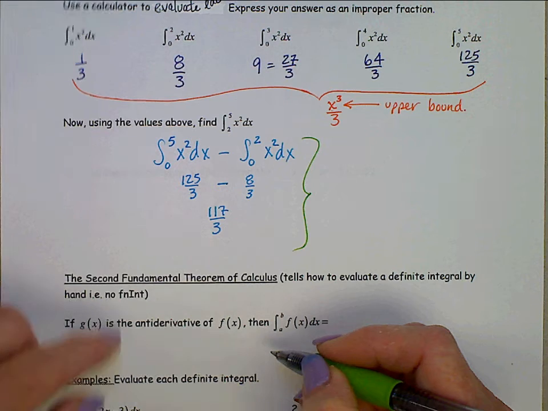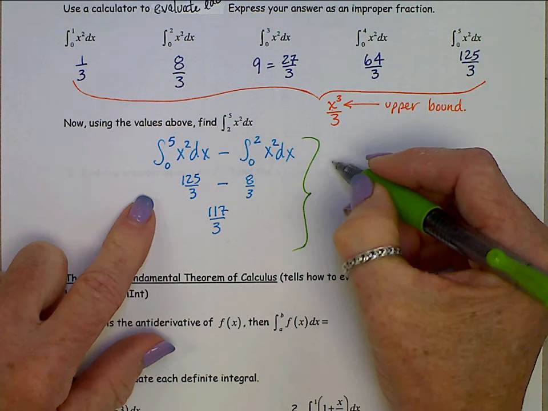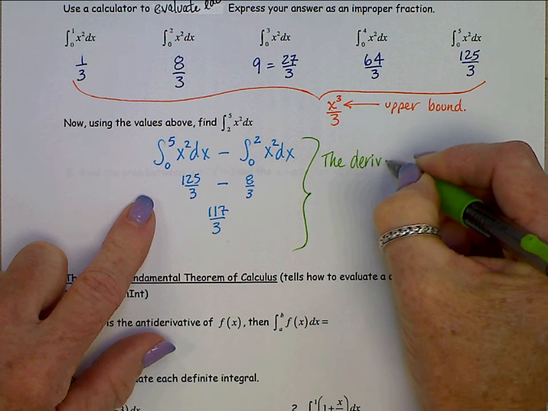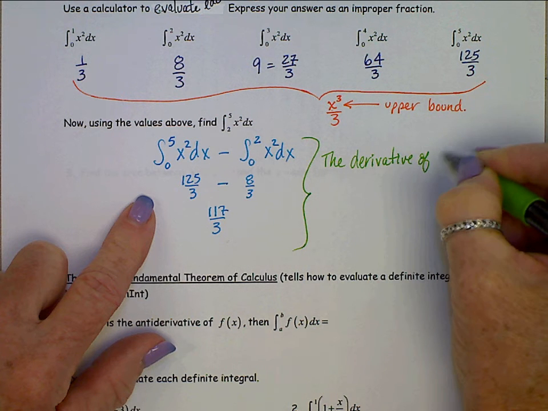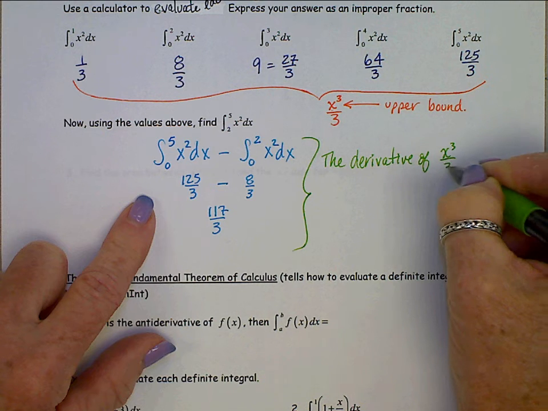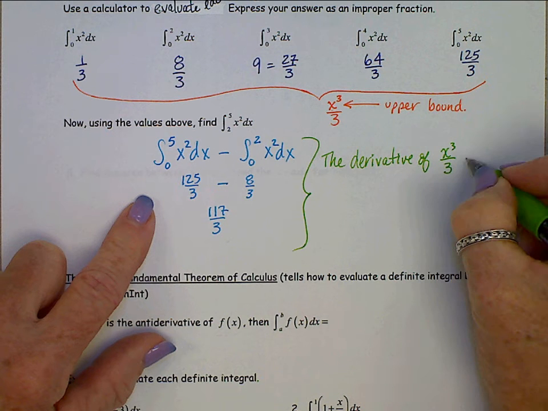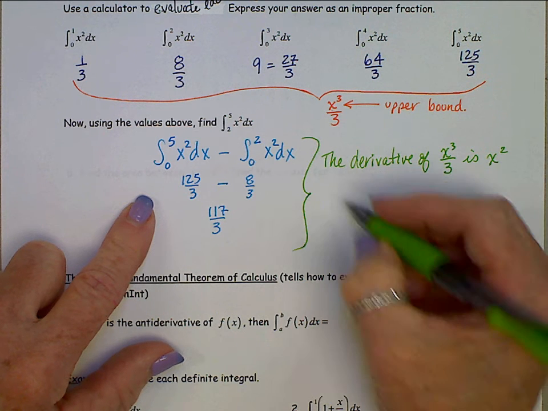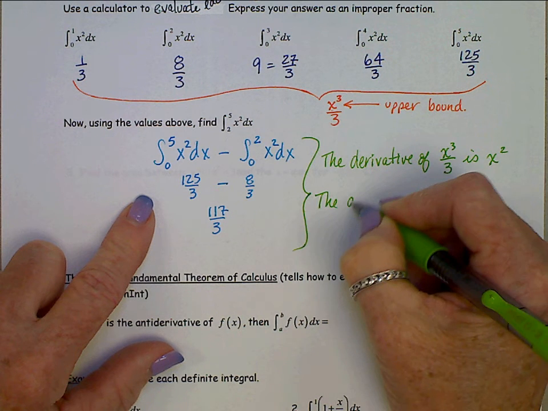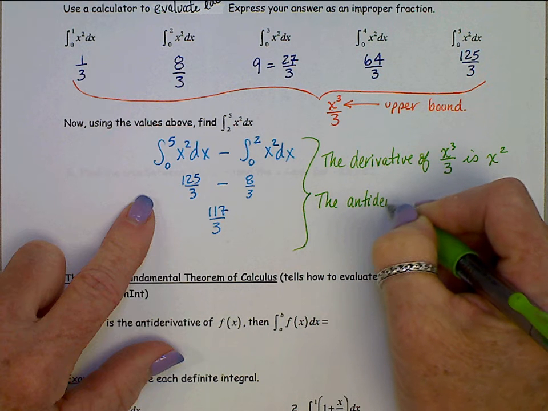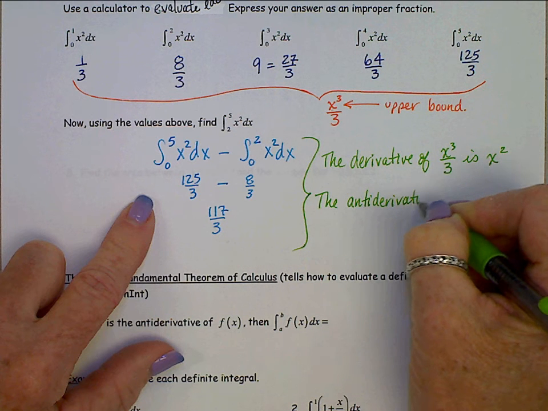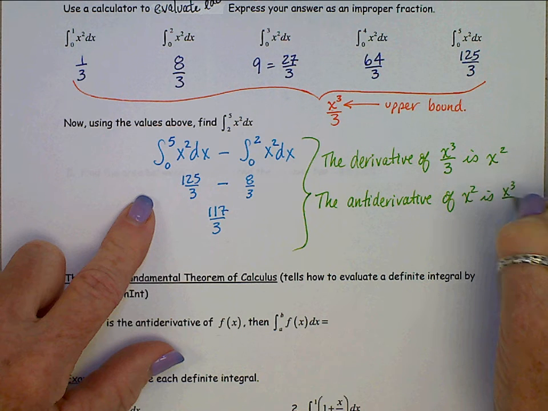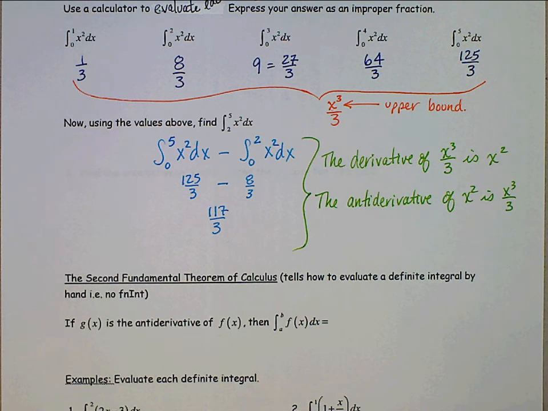When we do this, what I want you to think about, though, is that the derivative of x cubed over 3, or 1/3 x cubed, is x squared. And the antiderivative of x squared is x cubed over 3.